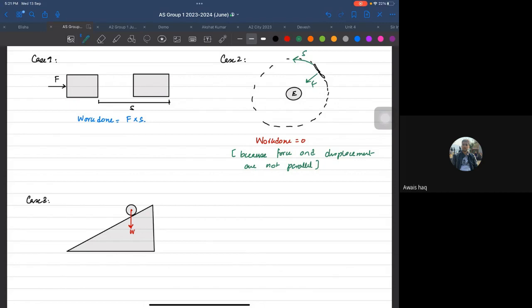So if we say that this distance is s, now this distance and the force are not in the same direction. So what you can do is make components of it. If this is angle theta, how did we make components?